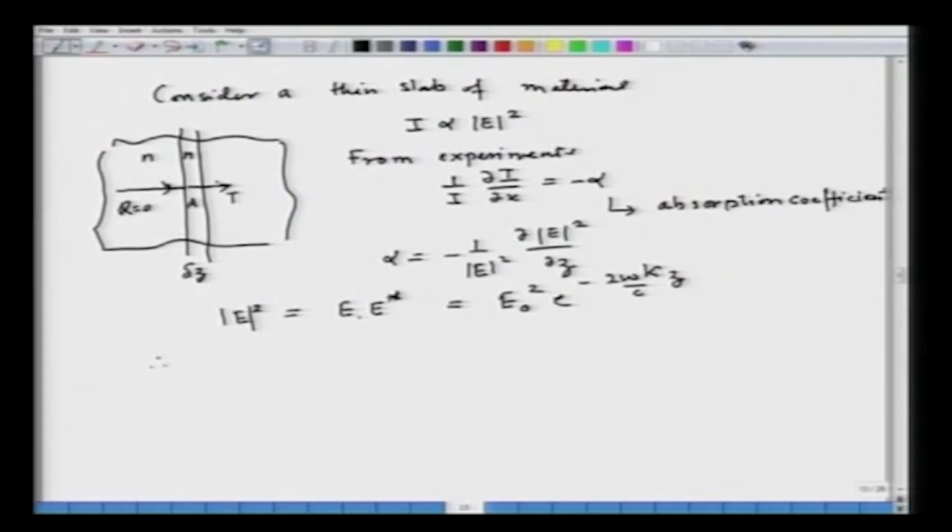So, now we can write what alpha is. Basically, this will say that del E square over del Z is going to be equal to this. If I now look at what alpha is, alpha is basically this term divided by modulus of E square, and then I am only left with 2.